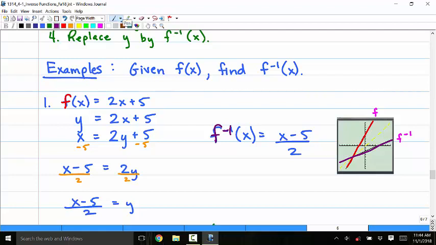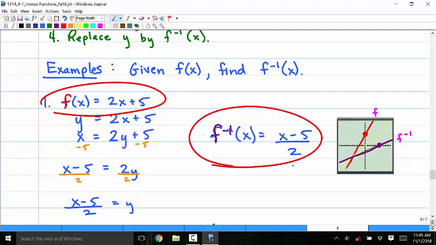If I have the point, let's say, what would that be? 0, 5 right here? If the point 0, 5 is on f, then the point 5, 0 is on f inverse. You make that with purple. Question? Is that on the f inverse? Nope, you have to actually type this in on your calculator. Under y1, you're going to type this.